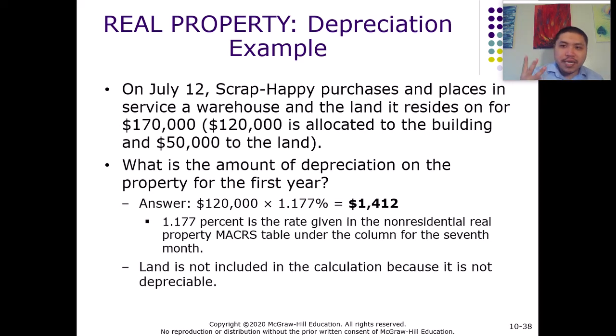So there are three types of real property that you have to pay attention to. I think that's the end of our discussion for depreciation. That's all of the methods that we're going to use to depreciate properties for tax purposes.